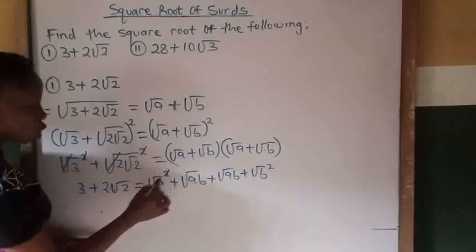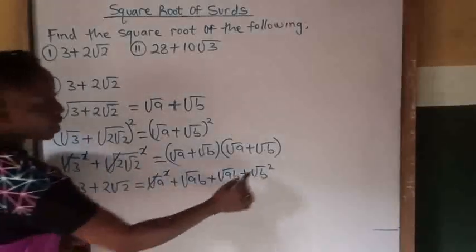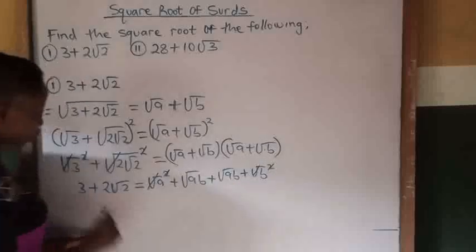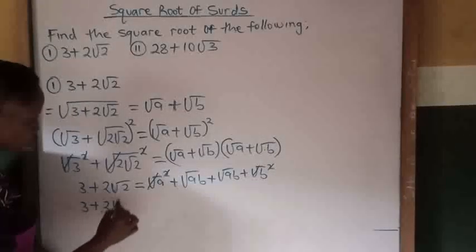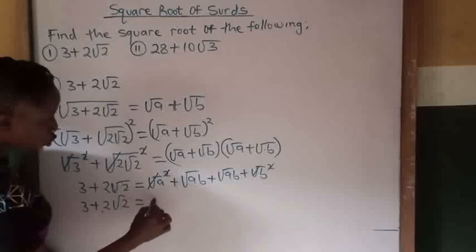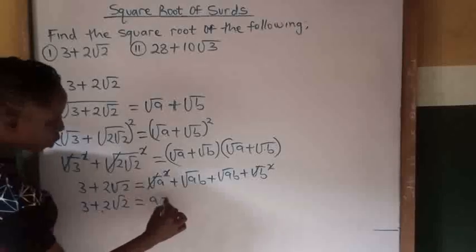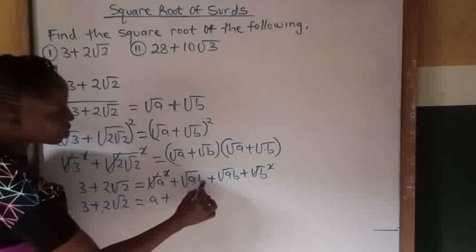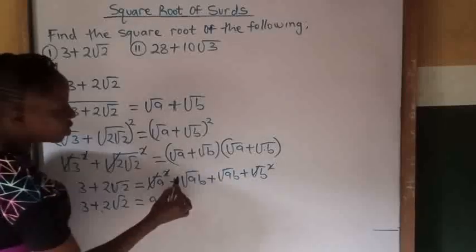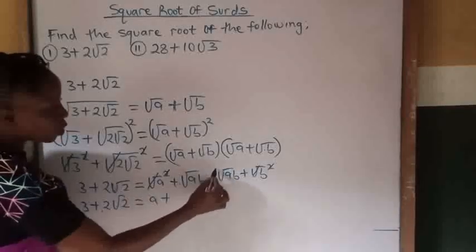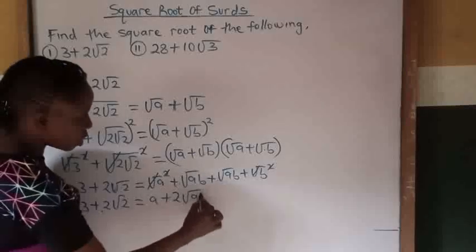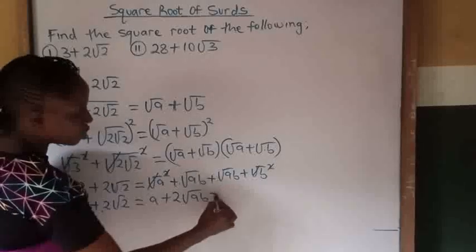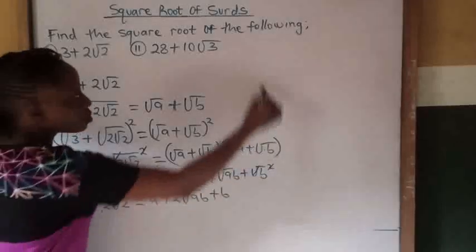So these 2 we cancel these square roots. Then these 2 we cancel these square roots. Now here we'll be left with 3 plus 2 root 2 equal to A. This one will remain A plus root AB plus root AB. You have 1 root AB plus another 1 root AB will give us 2 root AB. Then this one remain B, so plus B.